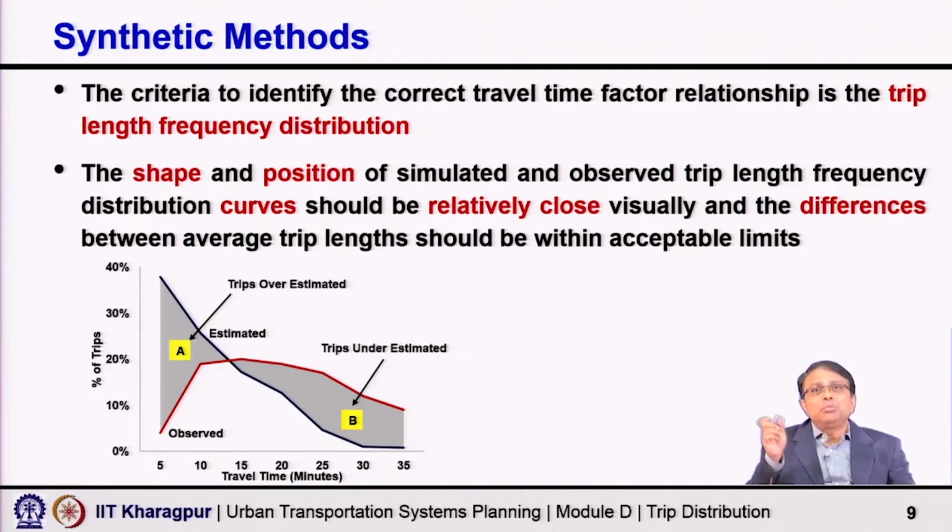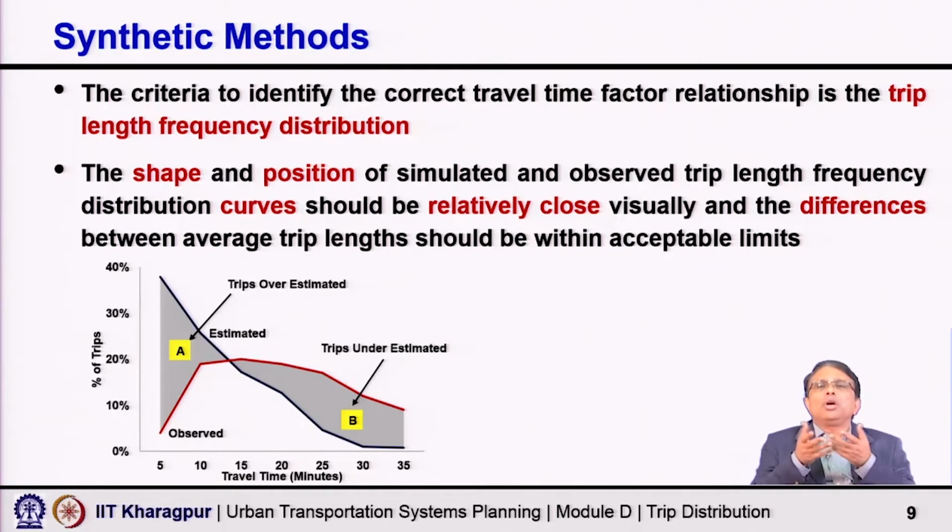They may be happening across multiple pairs. So, 10 minutes may not be just one pair, but multiple pairs. If there are, say, 2 pairs where the trip distribution is happening with 10-minute travel, I will simply add those 2 values, because I want the total number of trips with 5 minutes, total number of trips with 10 minutes, total number of trips with 15 minutes and so on. Then I divide this total by the total number of trips over all travel times.